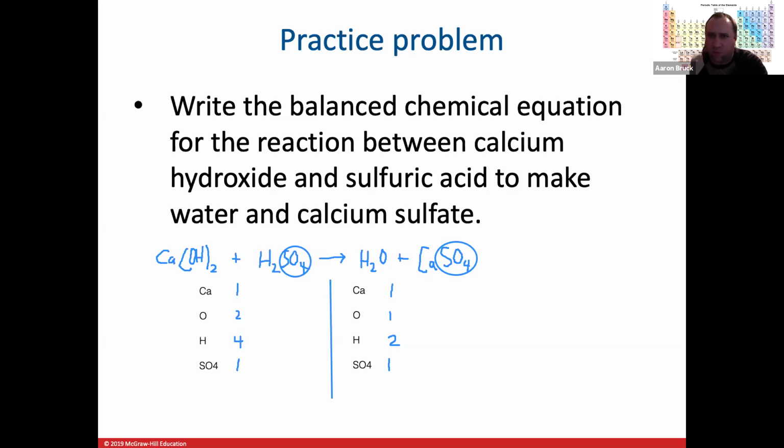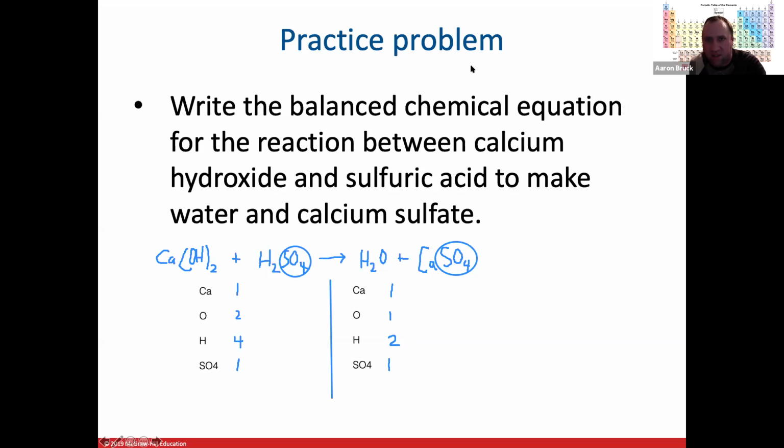This is a double replacement reaction where, again, we can see oxygen and hydrogen are both out of balance. They're both out of balance by the same degree. Now, it's not quite as easy as some of the other ones we've done where it's been 2's on the left side and 1's on the right-hand side.